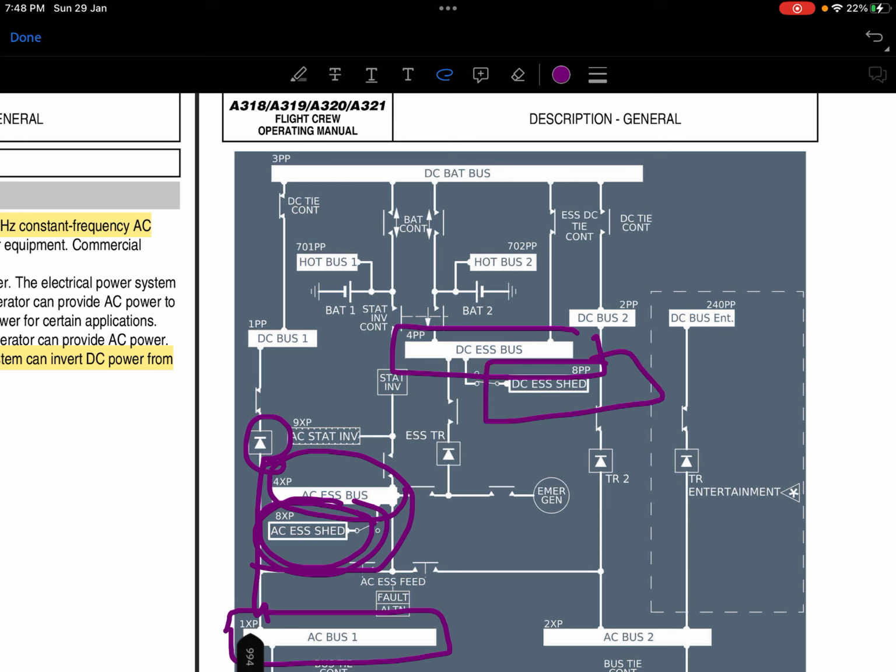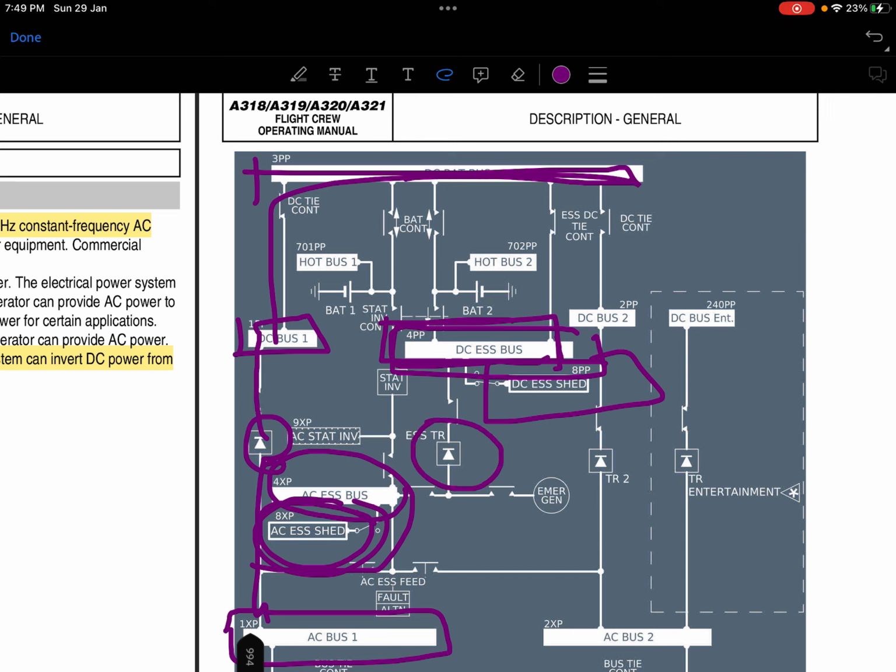In the normal configuration, when everything is normal, the supply goes to the DC essential bus and DC essential shed via DC bus 1 and then the DC bat bus, and after the DC bat bus it goes to the DC essential bus. In this way, this essential TR doesn't work generally in normal configuration.